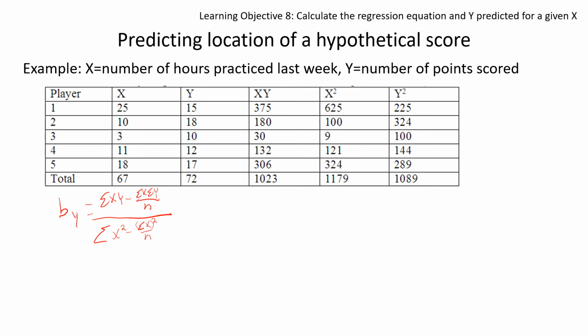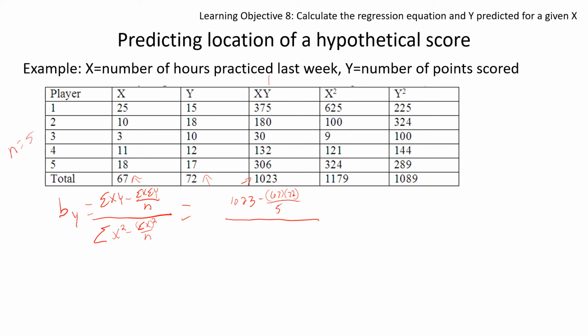We plug that in. Well, sum of xy, we've got it up here. It's 1023, so we've got 1023 minus the sum of x is 67 and the sum of y is 72. So we've got 67 times 72 divided by our n equals 5.